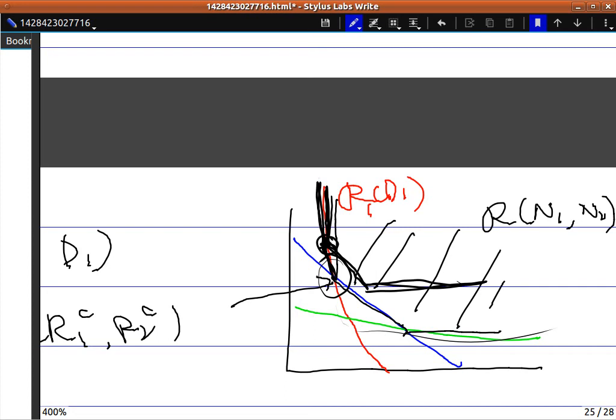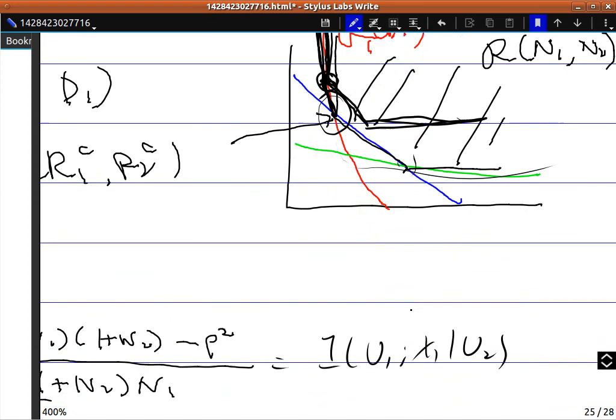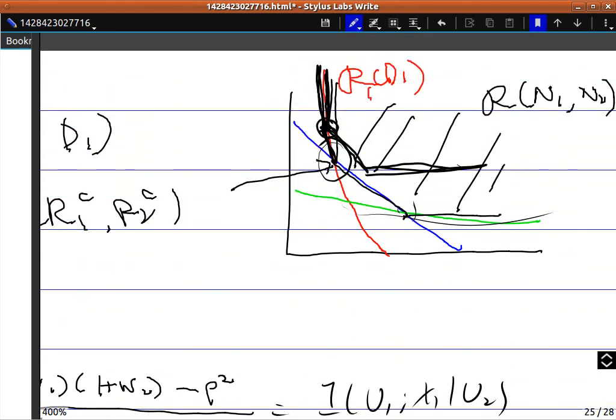And similarly, on this other point, I can find another M1 tutor and M2 tutor, but this time I'm not looking for the upper corner point, I'm looking into the lower corner point. And this, using the same argument, can be achievable. And then again, we change the M1 tutor and M2 tutor, and we get some other Berger-Tung region.